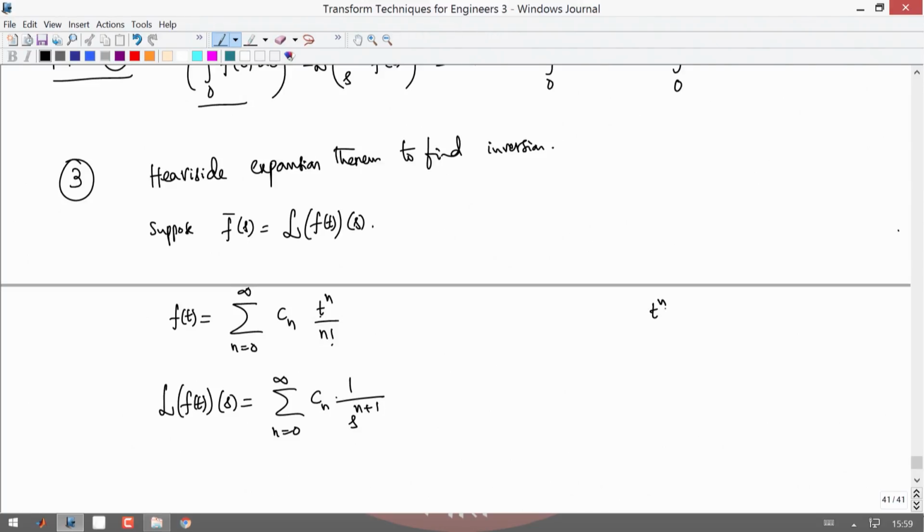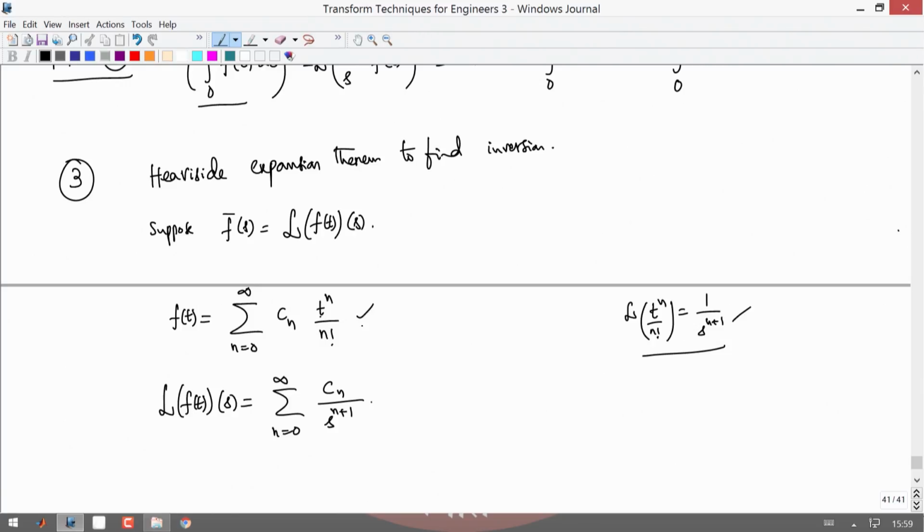T power n Laplace transform is n factorial divided by s power n plus 1. So, bring this here. So, we have n factorial, and this 1 over this is what I used here. So, you have Cn divided by s power n plus 1. So, this is what you see.